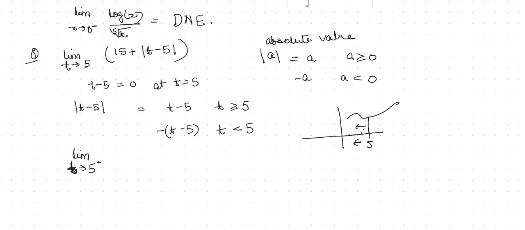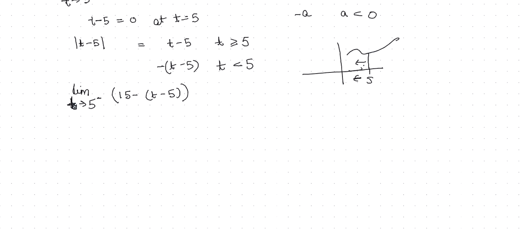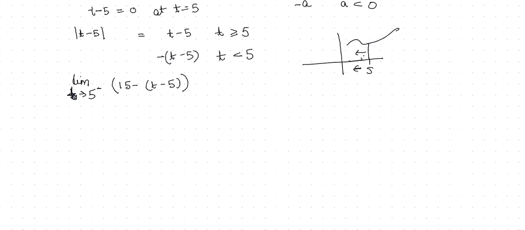So this would become 15 minus t minus 5, which would become 20 minus t.